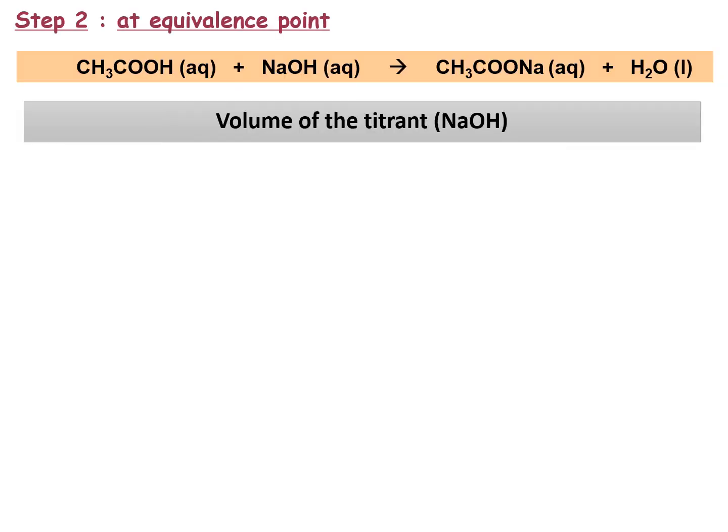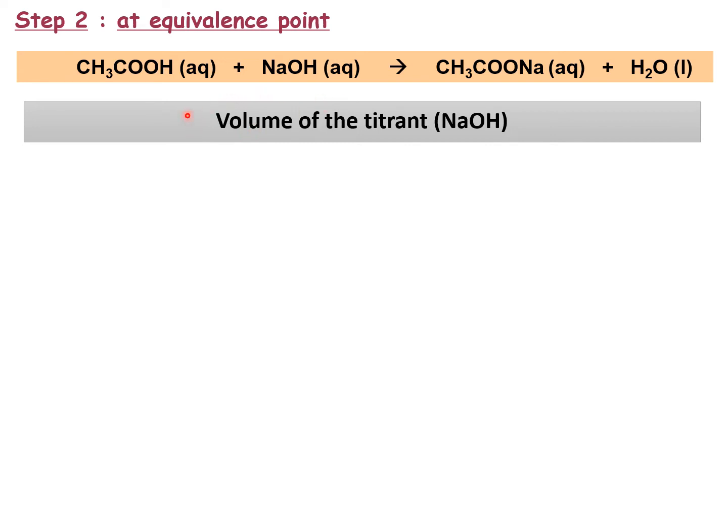So second step adalah kita nak cari maklumat at equivalence. Okay, so masih lagi sama pada equivalent. At equivalence point, kita kena cari volume of titrant, okay, and also the pH of the solution. Volume of titrant, pH of kita punya salt solution. Sebab apa?